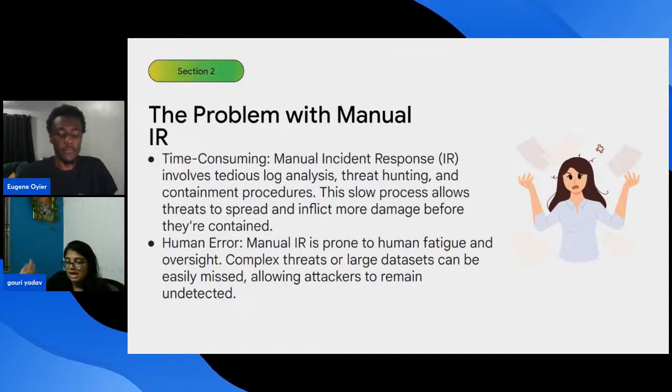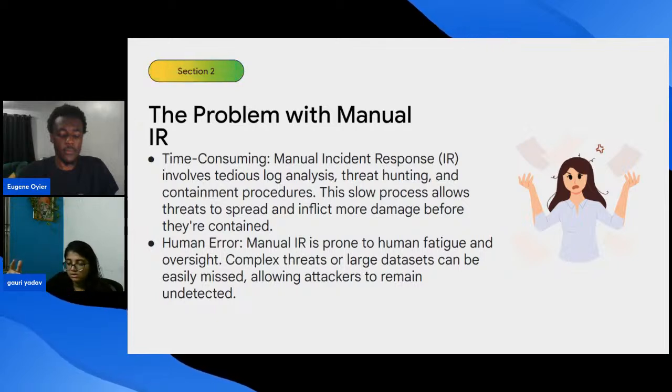Next is detection and analysis: identifying and analyzing potential security incidents. Then we have containment. What is containment? Isolating affected systems to prevent further damage. Then we have eradication. What is eradication? Removing the cause of the incident, such as malware. Recovery is restoring systems to normal operations and ensuring no further compromise.